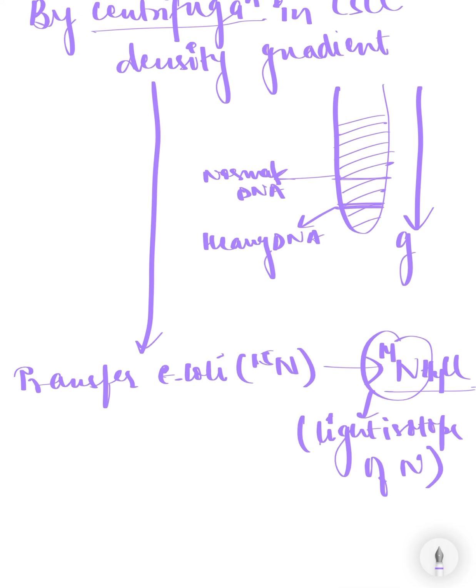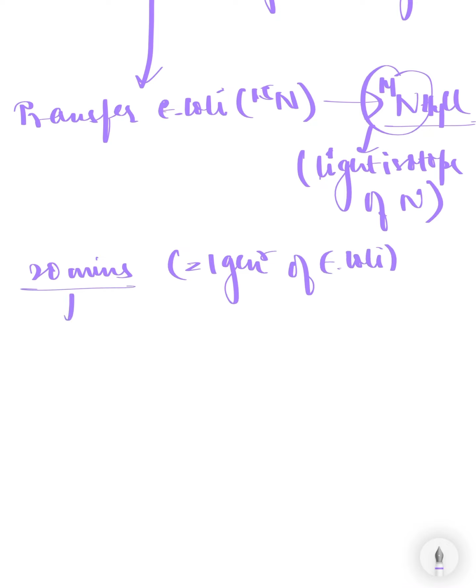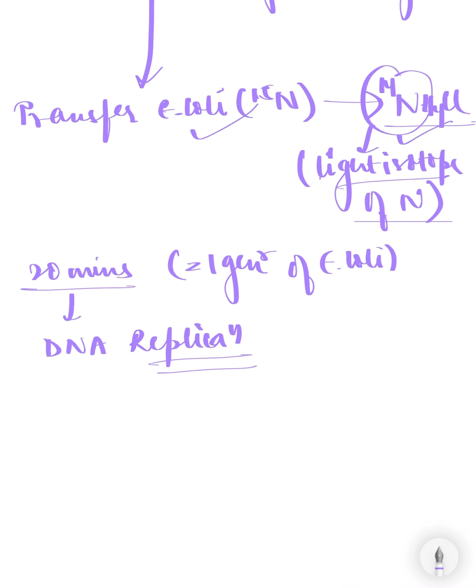Before going into the details, let me tell you one thing: 20 minutes is one generation of E. coli. In this 20 minutes, it can replicate its DNA completely. And when they transferred the E. coli into NH4Cl with the light isotope of nitrogen, they took readings at various time intervals.